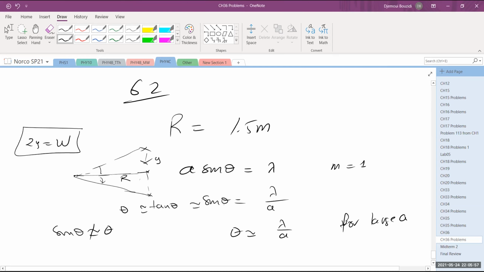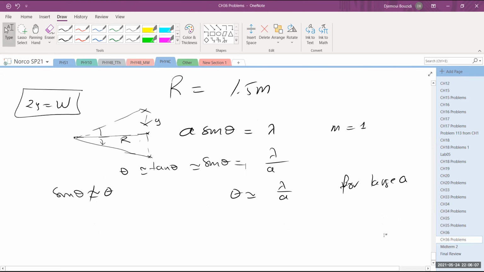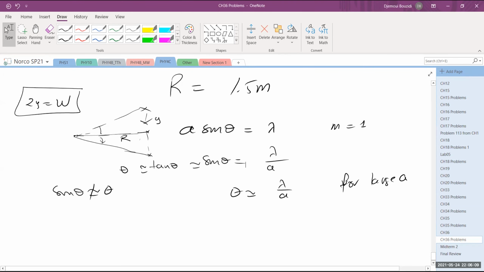Then sine theta becomes small and roughly equals theta, which roughly equals tangent theta, which gives me this relationship that w, which is 2y, where y is equal to r tangent theta. So w will be equal to 2r times tangent of theta, and tangent of theta in that case will be simply 2r times sine of theta.